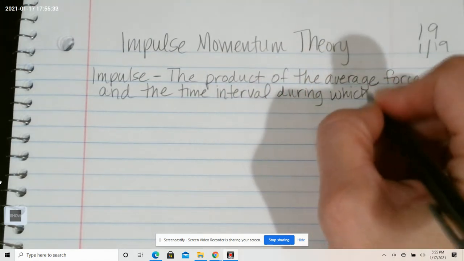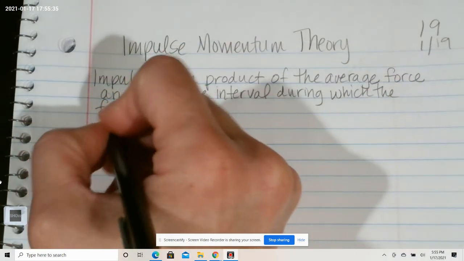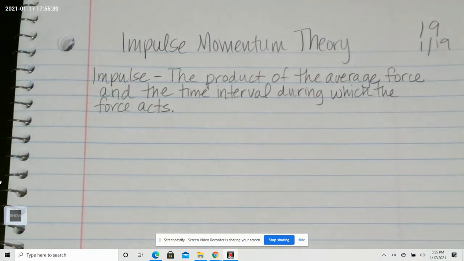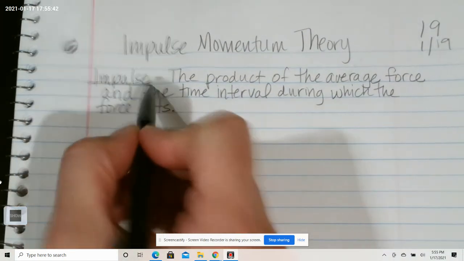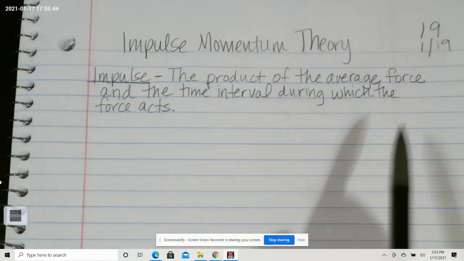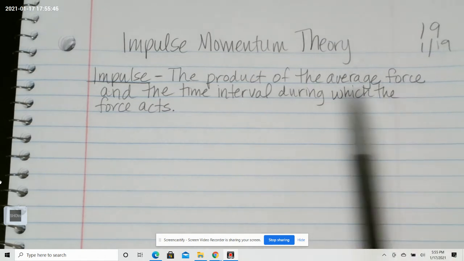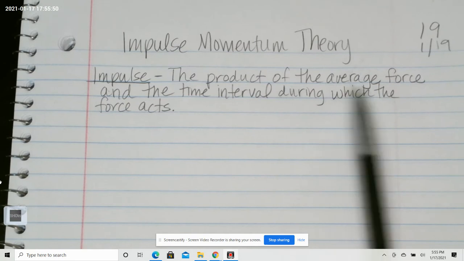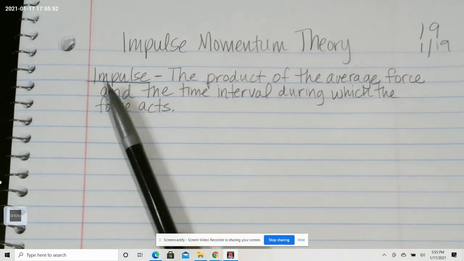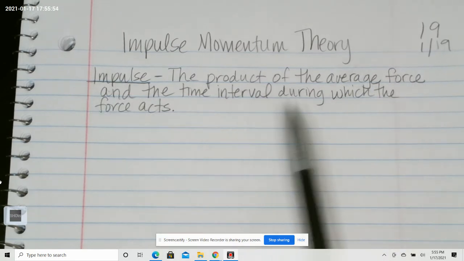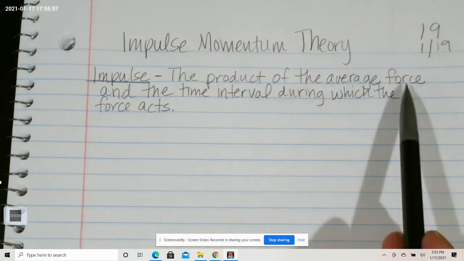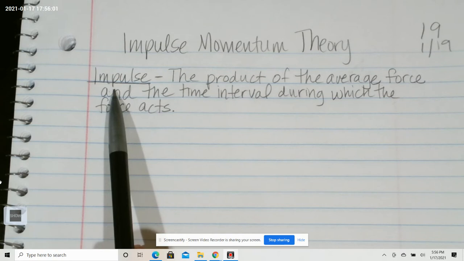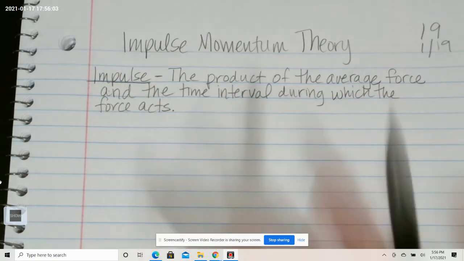You can see that the average force is going to be important. When we start looking for force instead, we'll rearrange the equation using impulse and time. But force and time are what give us impulse. Okay, so let's look at the equation then.